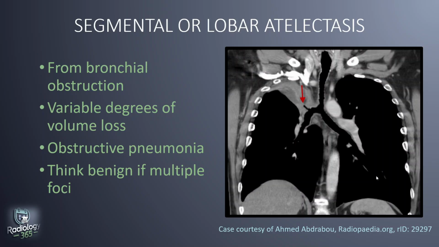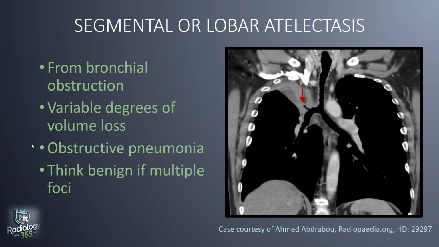If you see multiple foci of atelectasis presenting at the same time, and you can't explain these two foci of atelectasis by a single endobronchial lesion, most of the time a benign process is more likely, like mucus plugging different bronchi, therefore you're having multiple areas of atelectasis, as opposed to a malignant process which would have blocked one major bronchus, and therefore you would have lobar atelectasis. Multifocal appearance of a single cancer is usually rare.